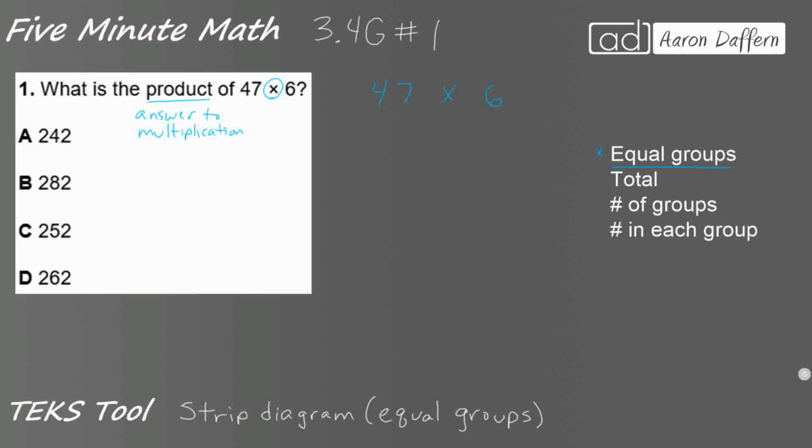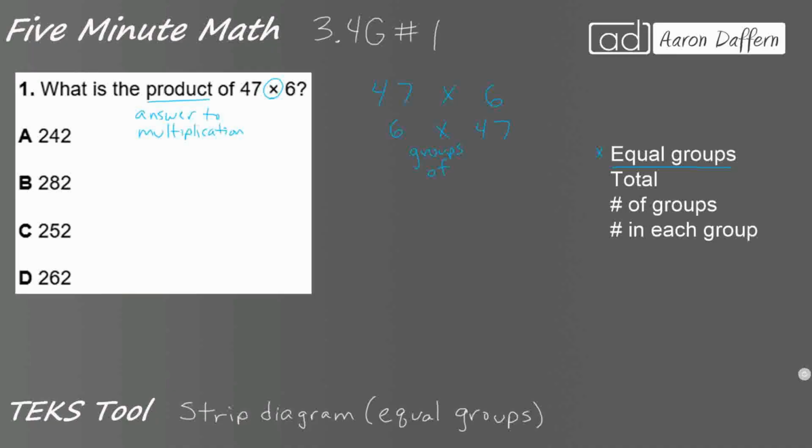But we can go ahead and identify the number of groups and the number in each group. Now, it could be either way. It could be 47 groups of 6, or it could be 6 groups of 47. And so I'm going to use the commutative property, and I'm going to flip these around so that it's 6 groups of, and that's one way to read it, 6 groups of 47.